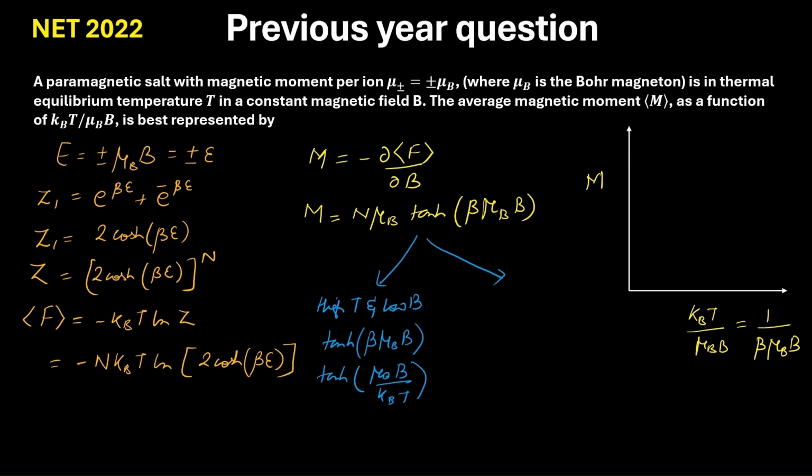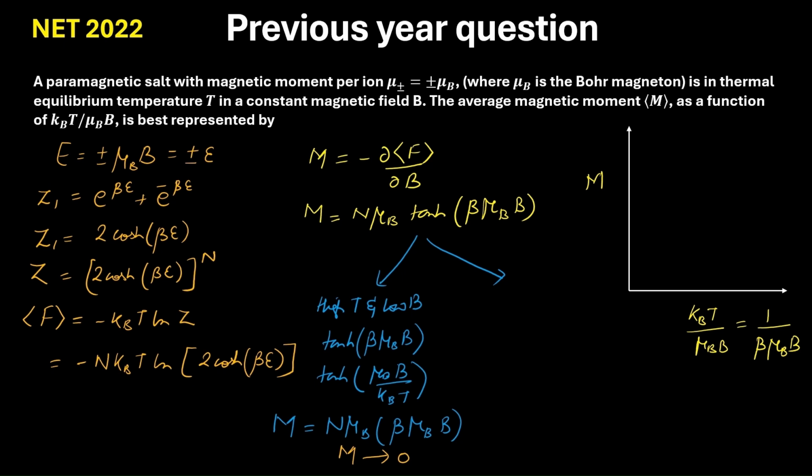So we can use the exponential expansion and we get M equal to N mu_B times beta mu_B B. In this limit, when the x-axis quantity is very large, this quantity will be very small, so the magnetic moment will tend to 0.